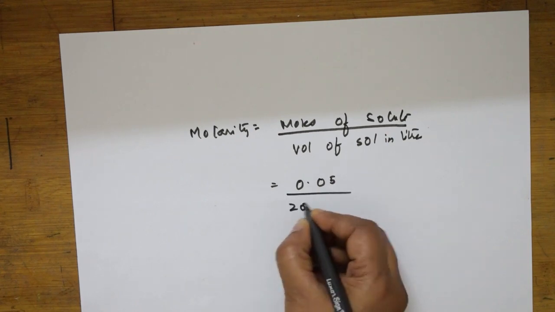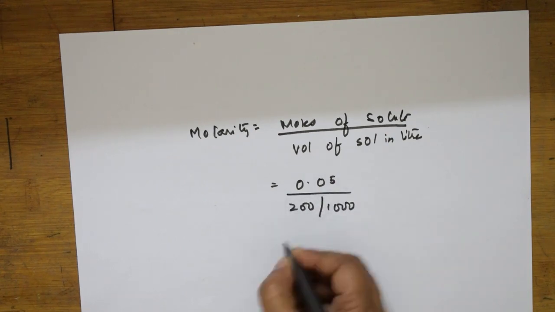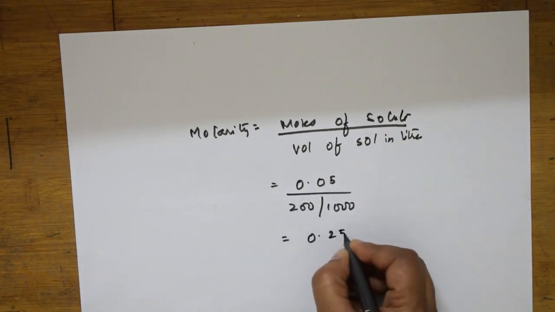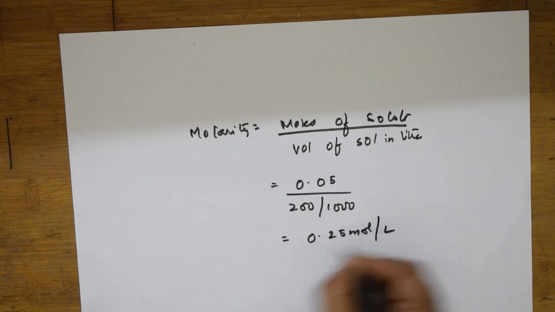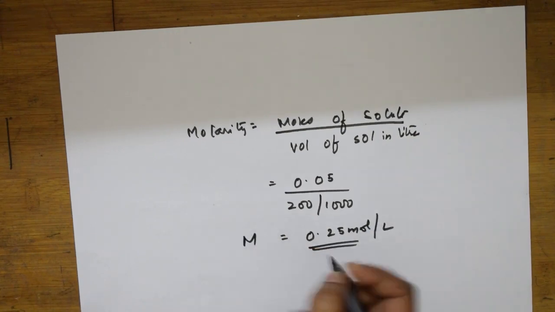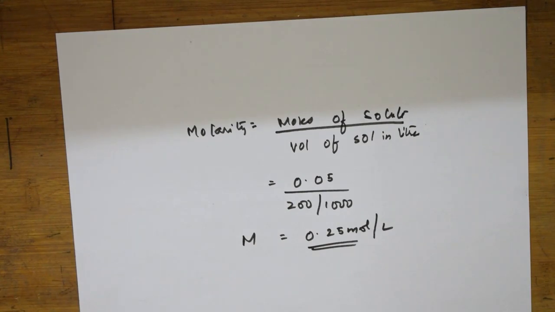Volume of the solution is 200 by 1000, which is 0.2, so the answer comes to 0.25 moles per liter. This is your sum. So this is how we calculate molarity. I've done various combinations, almost 12 numericals regarding molarity. Let's come back with the next set, the numericals based on limiting reagent.